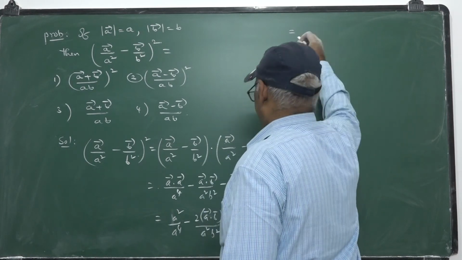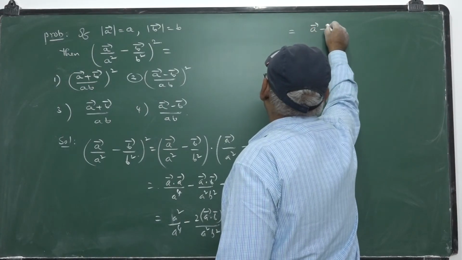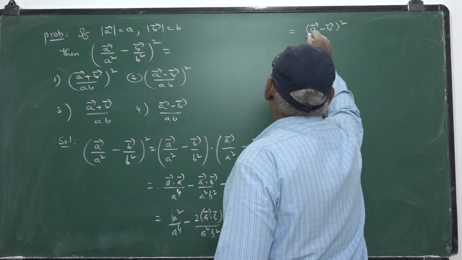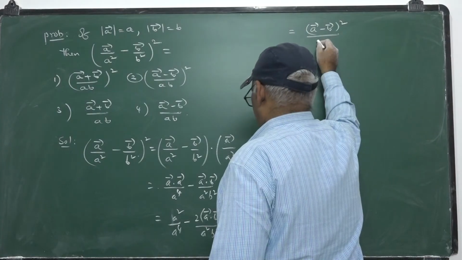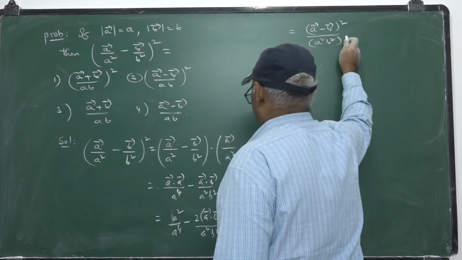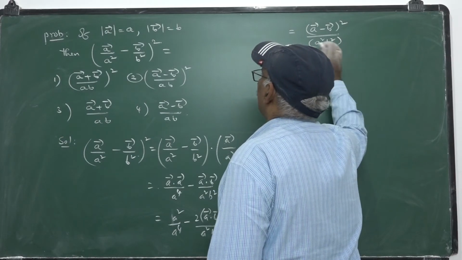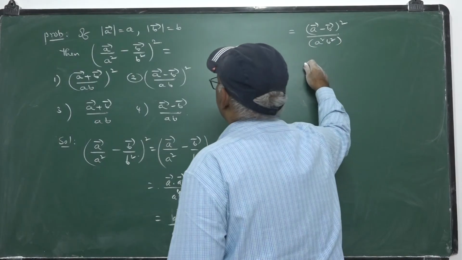This can be written as a bar minus b bar whole square by a square b square whole square, a power 4 into a square.